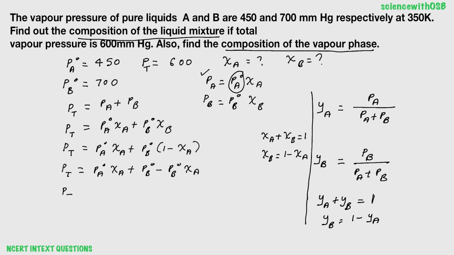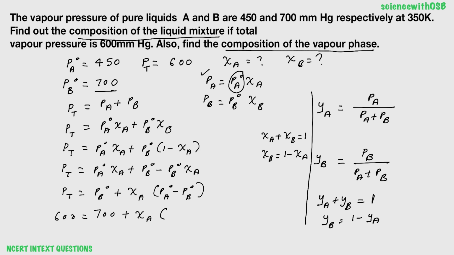Now PT is equal to what? PB standard you can take first, then chi A is common, right? So chi A, then what is left? It is PA standard minus PB standard. Just substitute the values. So what is that? 600 equals PB standard, which is 700, plus chi A. We don't know chi A. That is the only unknown here.